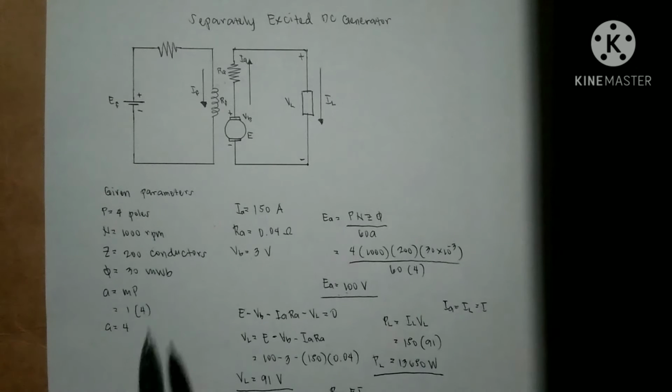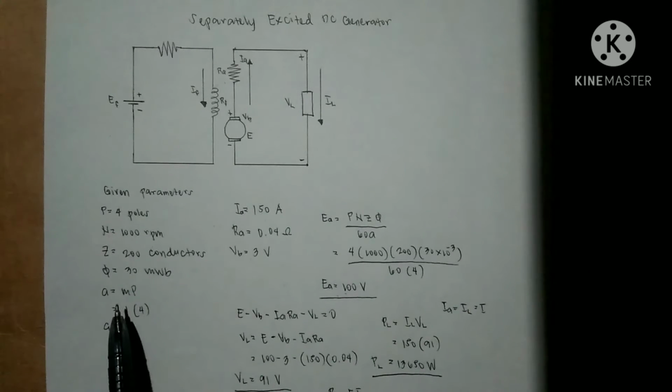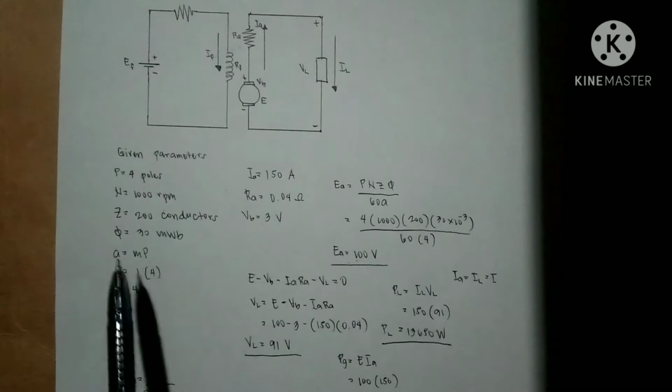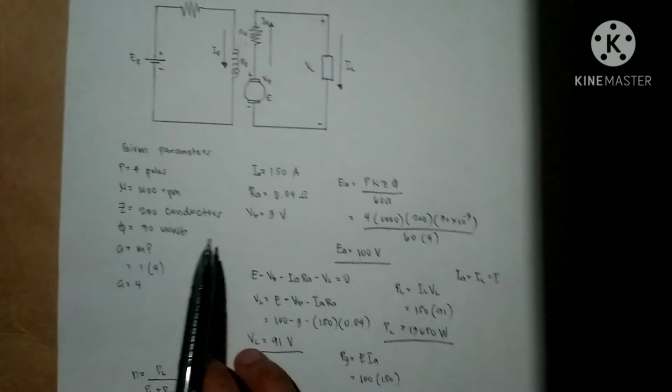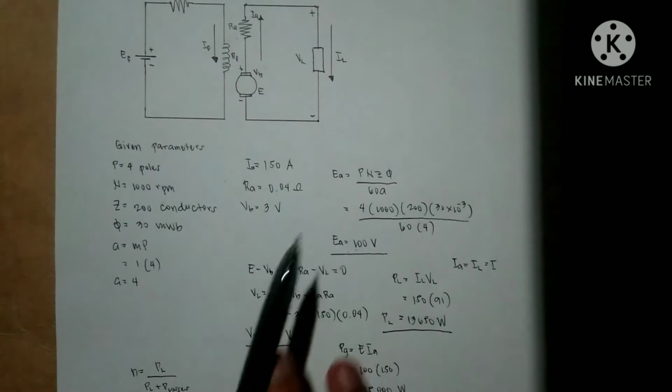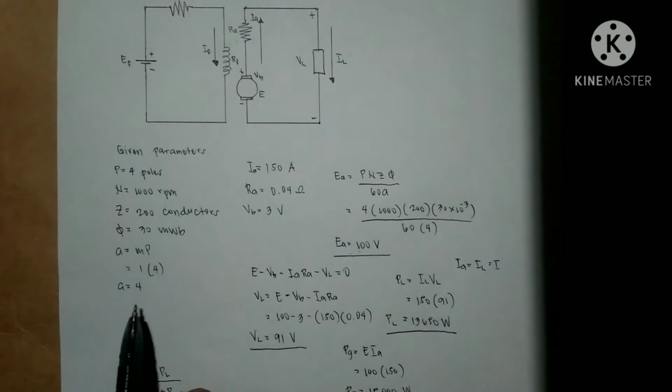Since it is in a lap winding, we use the formula for a lap winding in finding the total armature current paths, M times P. Since it is simplex, the multiplier is 1. That's why our armature current paths is 4.